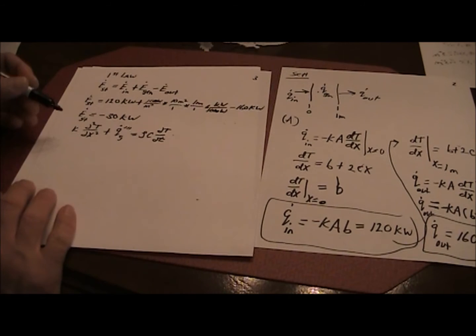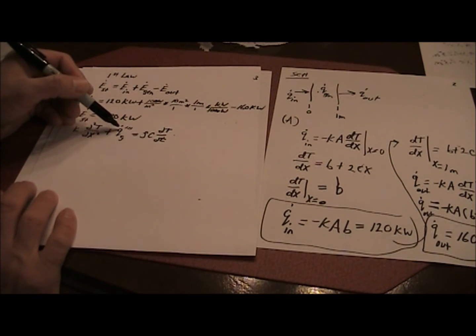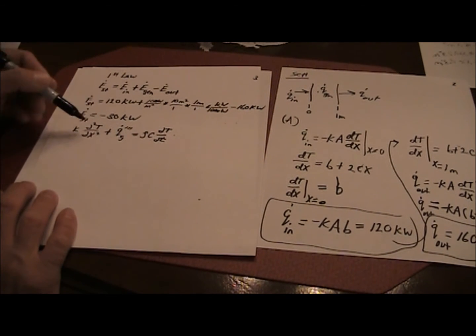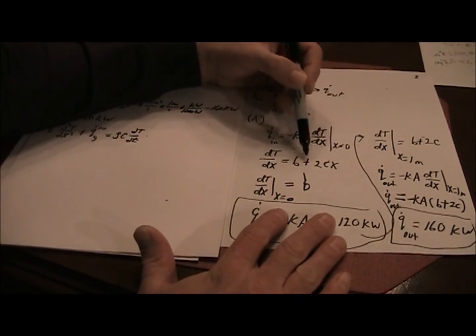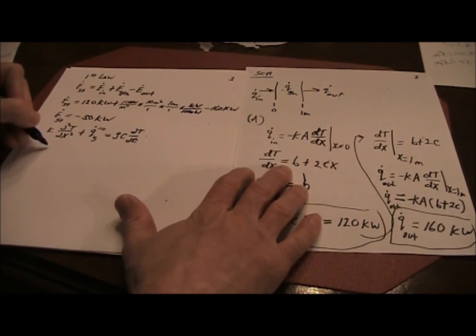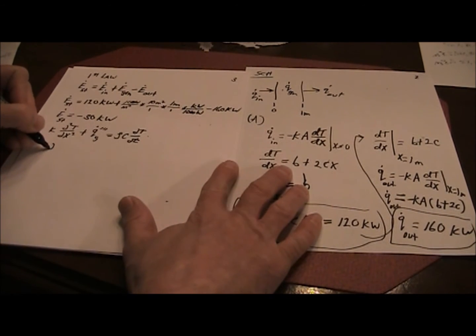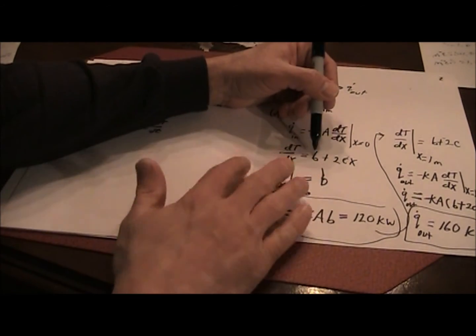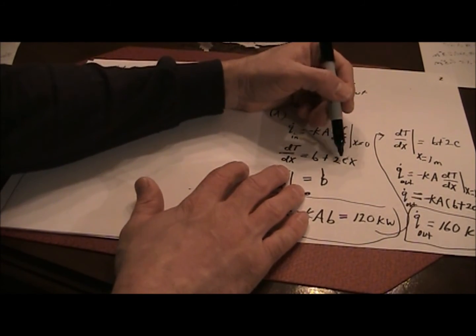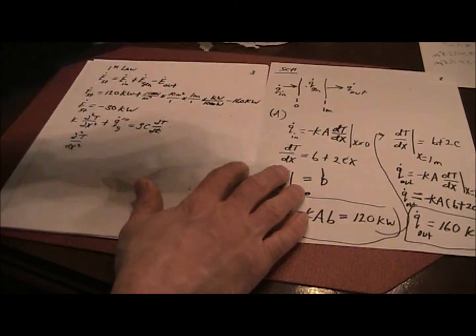Okay, so what we need to do here, this Q dot generated was given, so we need to take the second derivative of our temperature with respect to x. Okay, now we already did the first derivative right here. So if we took this again, second derivative, okay, well, the derivative of b with respect to x is going to be 0 plus, and we've got 2cx, so that derivative will just be 2c.